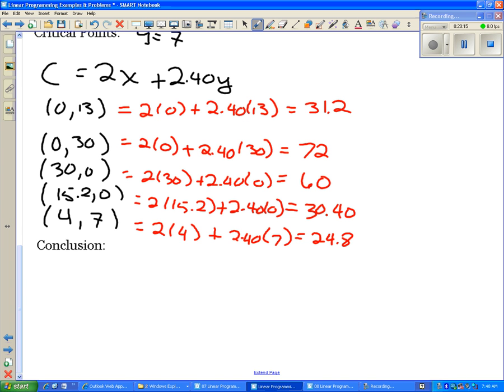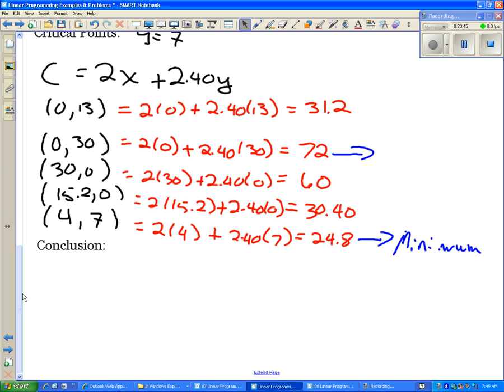These are all my critical points. I can see that my maximum is 72, but my minimum is 24.8, and I'm looking for a minimum. So what I'm looking for here is to minimize my cost. So $24.80 is my minimum.